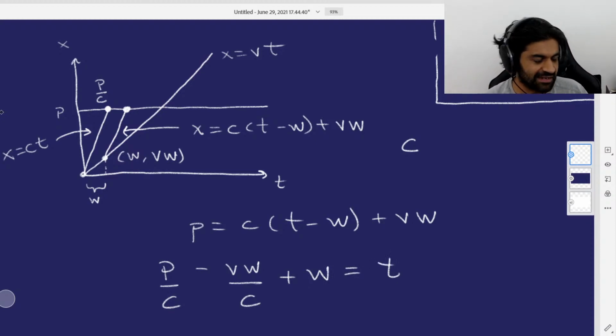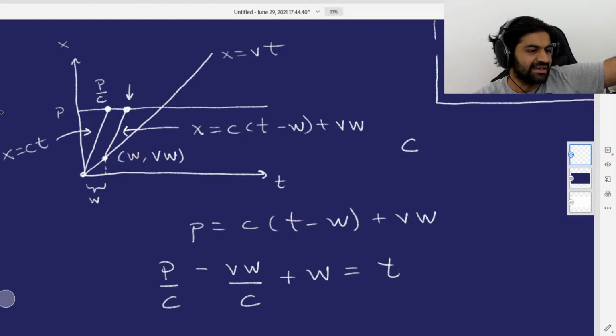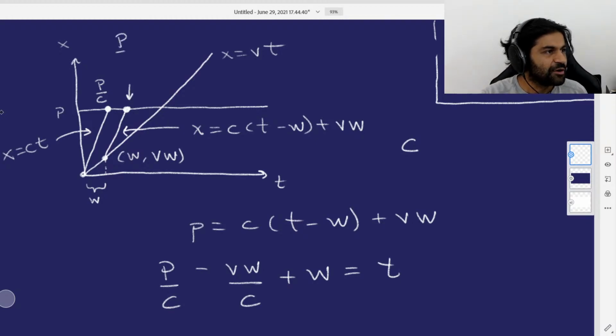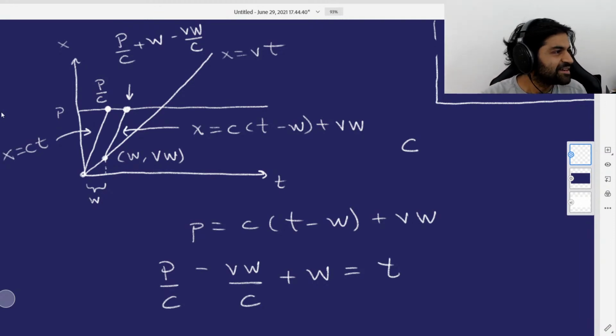Please correct me if I messed up at all. So the time for this point is p over c, and the time for this point is p over c plus w minus vw over c. Reasonable? I hope so.